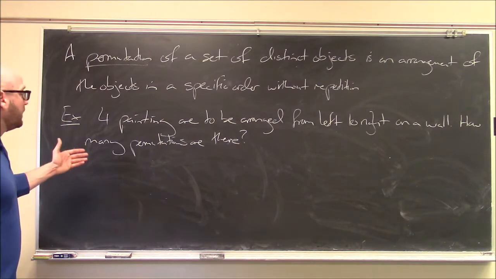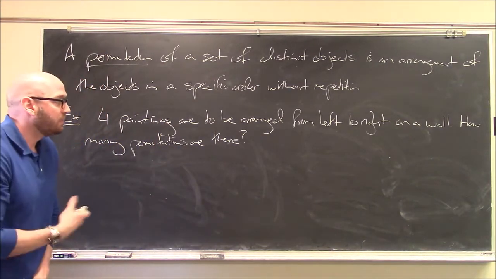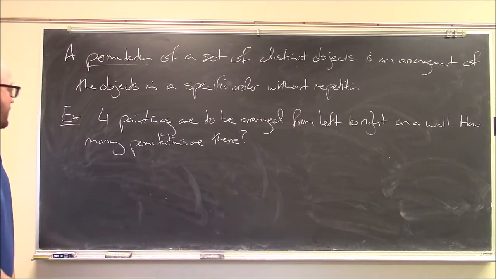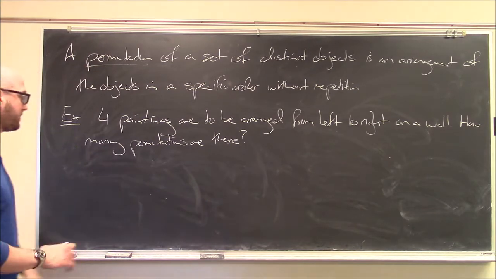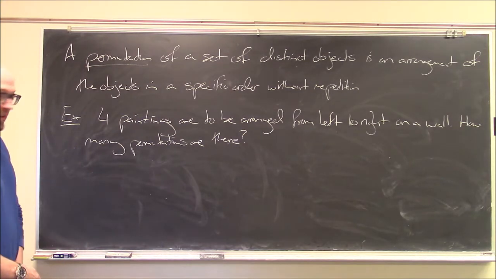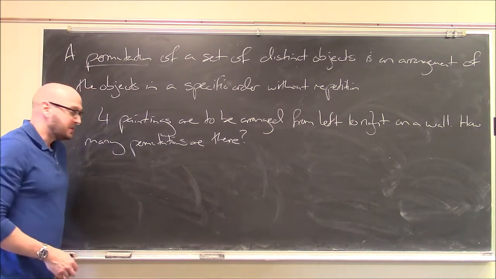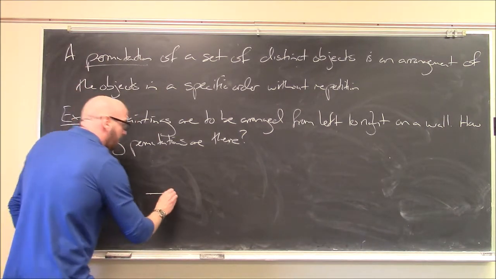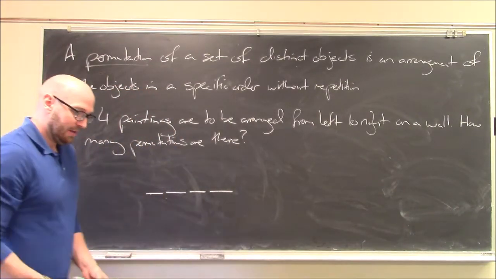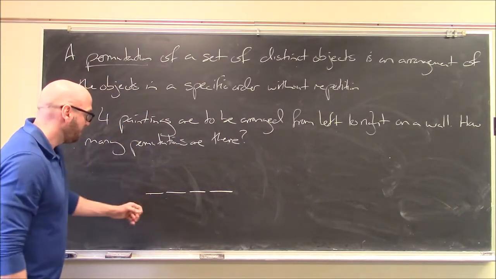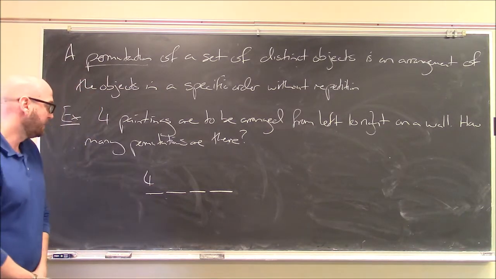For example, I've got 4 paintings to be arranged from left to right on a wall. How many permutations are there? How many different ways can I order my paintings? It turns out this is something you already know how to solve. It's just the multiplication principle in action. For the first spot, I've got 4 choices of paintings to hang there.